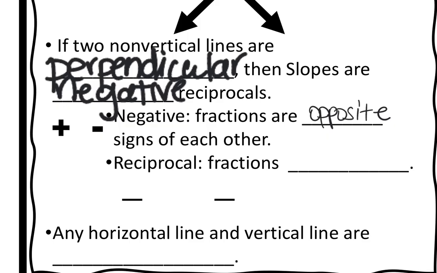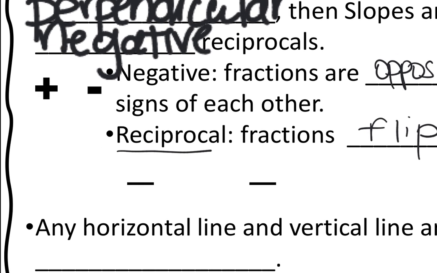Between these two slopes from these two different lines, we are going to know that they're perpendicular because you see different, opposite signs, and you'll see that the fractions are the flip of each other. Reciprocal means the fractions are the flip. I have two lines here because I'm going to do two different fractions.